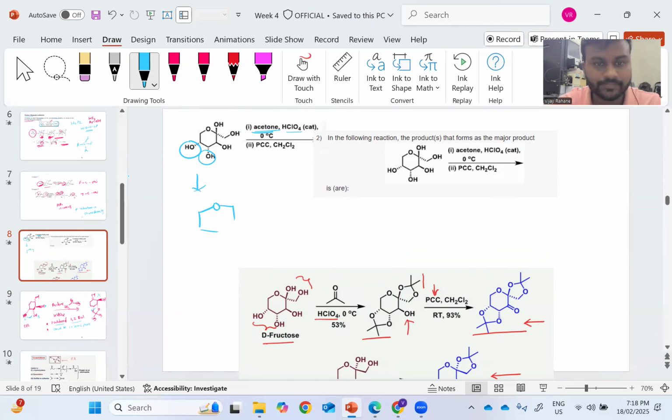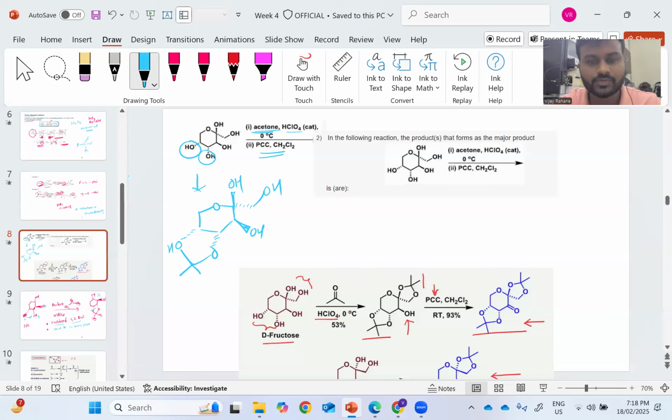The hydroxy groups which are beta get protected, and this hydroxy group remains intact as it is, followed by the PCC oxidation.